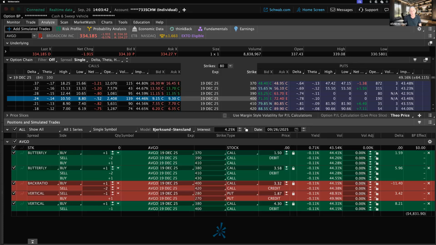Here's the great thing. Options are so flexible that as long as you put the right framework around what you're doing, and that framework comes from TradeWave, that framework is the anchor for why we're able to put the positions on. If we just go willy-nilly because it looks like it's going to do X, Y, or Z, we don't really have a statistical approach.